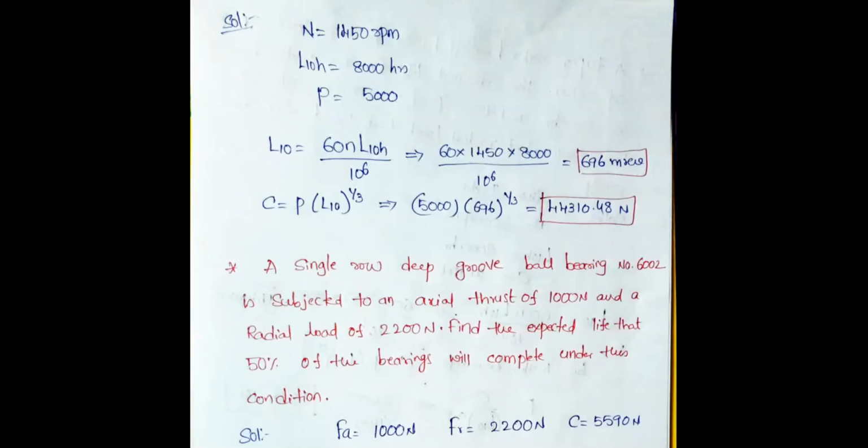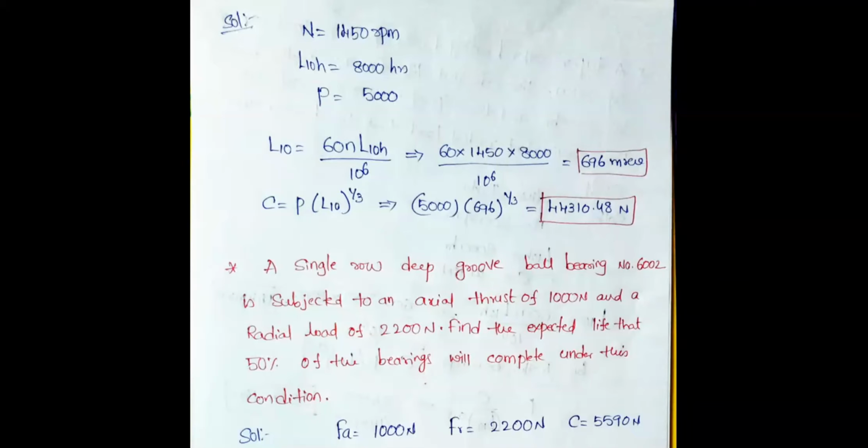Based on that radial load and axial load, you have the factors capital X and capital Y. For those, the C0 value is required, that means Fa by C0, where C0 is the static load carrying capacity.